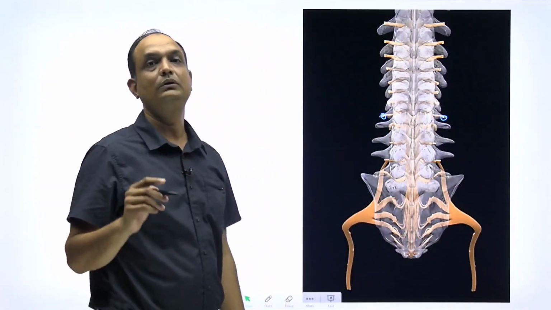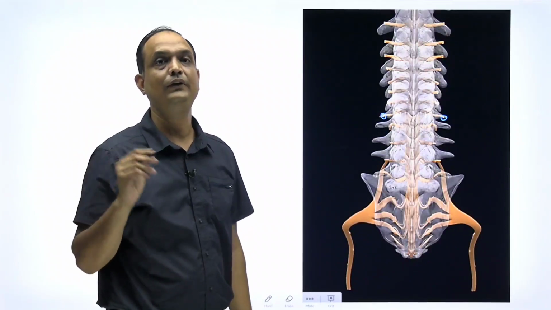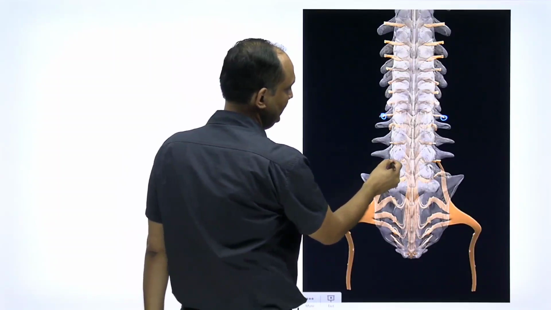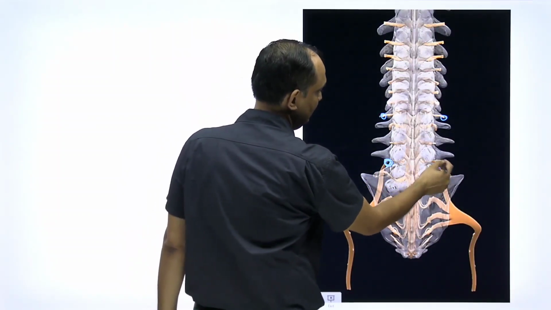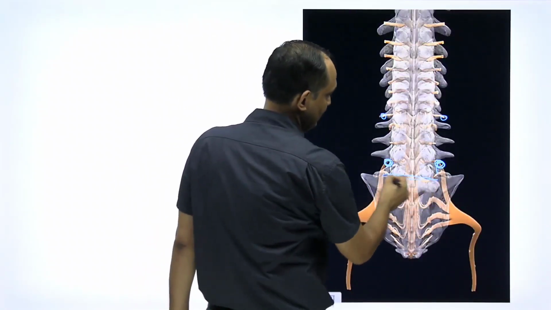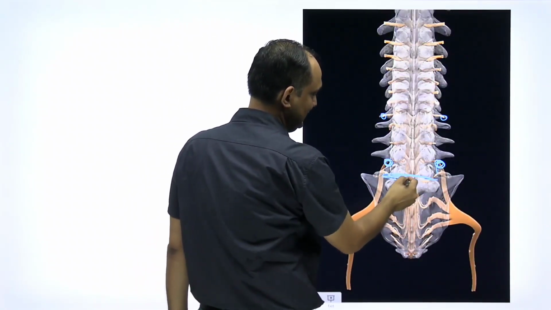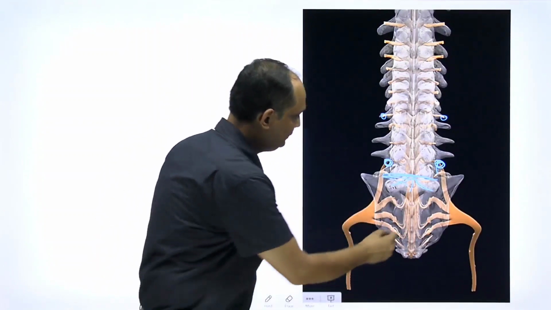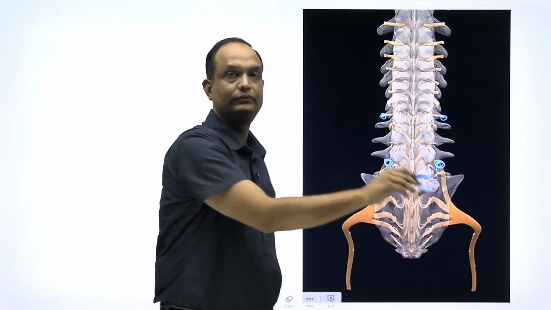I already told you that the respective nerves always come out from the respective foramina. Suppose I am talking about L5, the 5th lumbar nerve. The 5th lumbar nerve will come out from here, and this is your area of L5 S1. Now this is your S1. Below the S1 you have the exit of the ventral and dorsal rami of S1. Then you have the exit of the rami of S2.